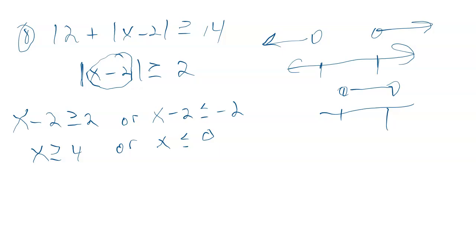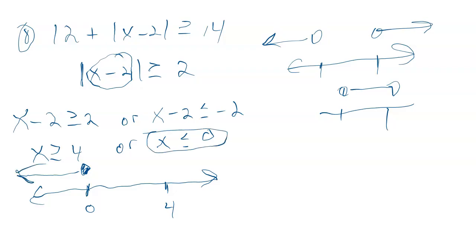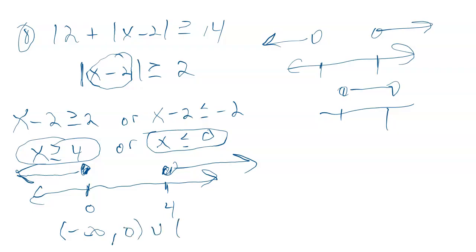And then as a solution set on the number line, this is my answer. That's one solution, which is this guy over here, and then my other solution is this guy. So in interval notation, this is negative infinity to 0, union 4 to infinity. And I have to include these actually.